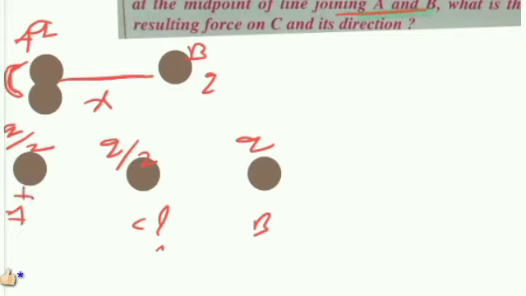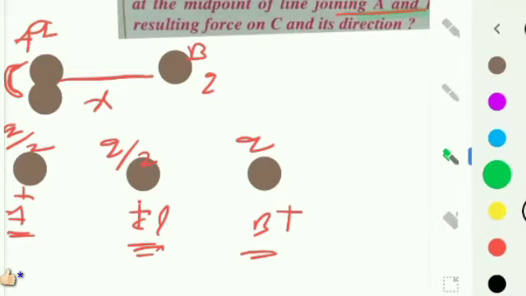Now this is positive, this is also positive, this is also positive. Between A and C there is a repulsive force, C and B also repulsive force. Why? Because both are positive charges.